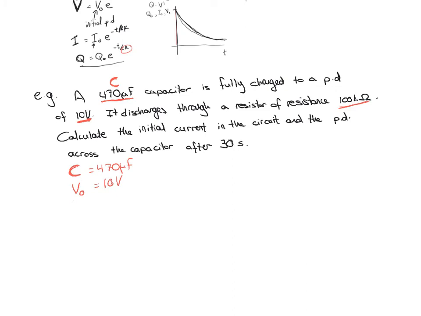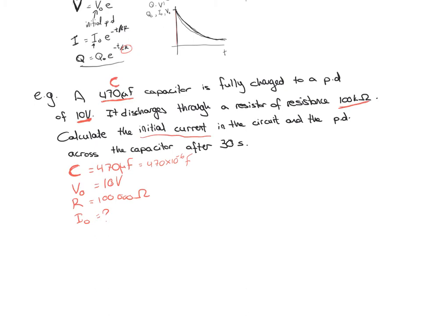So my resistance is 100,000 ohms, because a kilo is times 10 to the 3. Here we have microfarads, which is 470 times 10 to the minus 6 farads. Don't forget about your unit prefixes. It says calculate the initial current, so I need to find I naught first.